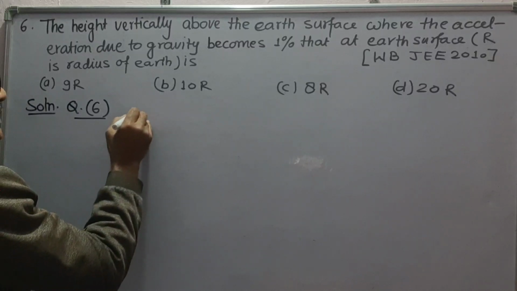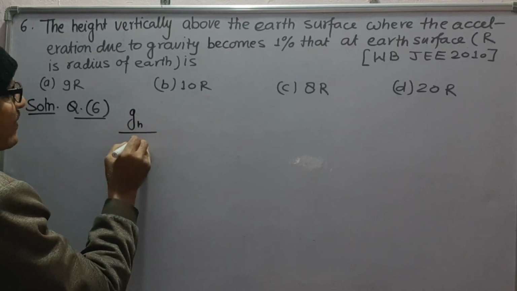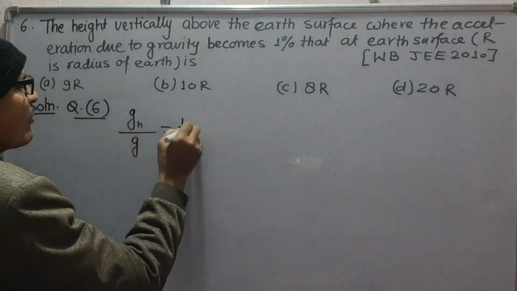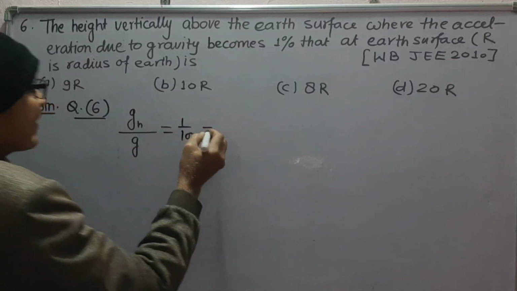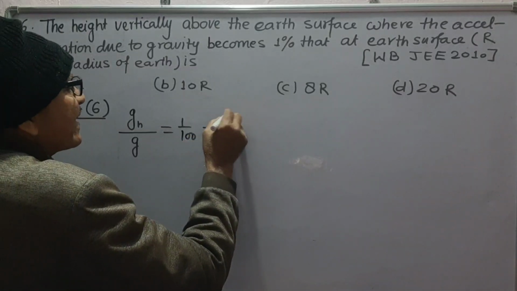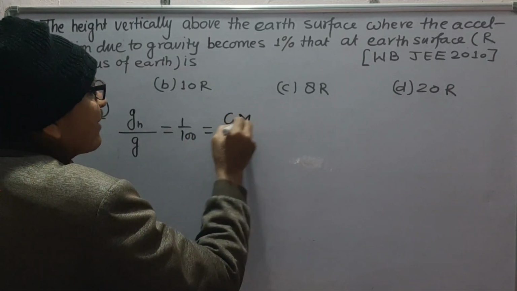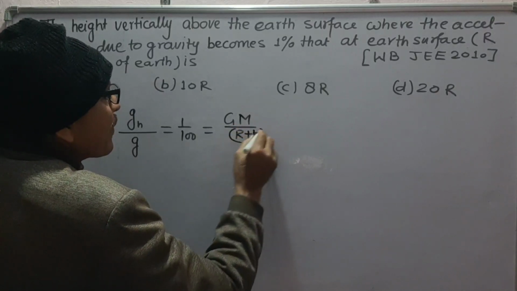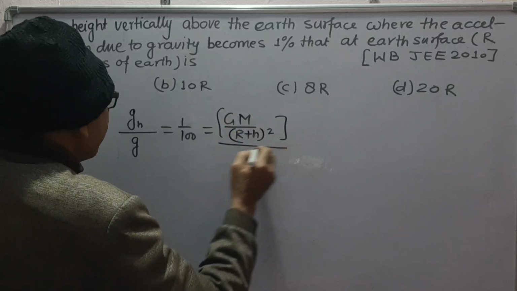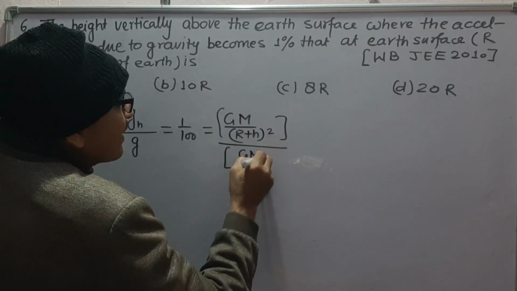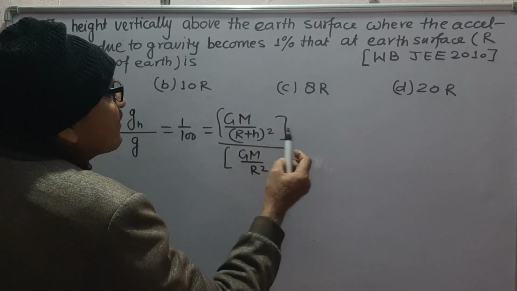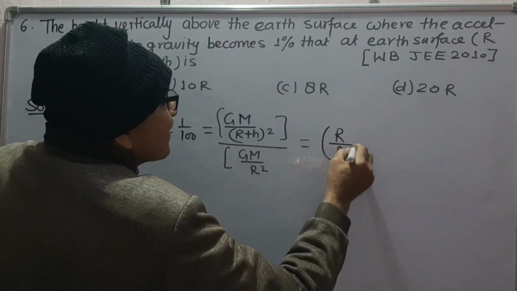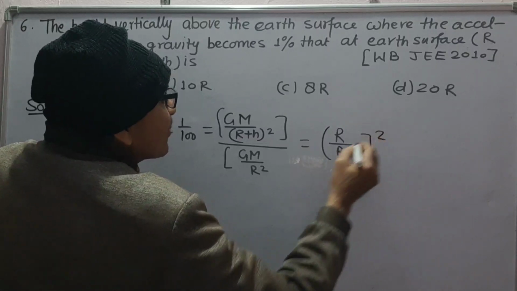Here g above Earth's surface upon g on Earth's surface is given to be 1 upon 100, 1%, which can be written as G m upon R plus h square divided by G m upon R square. Gm gets cancelled and it gives R upon R plus h whole square.